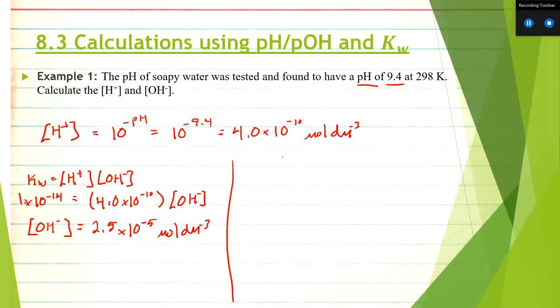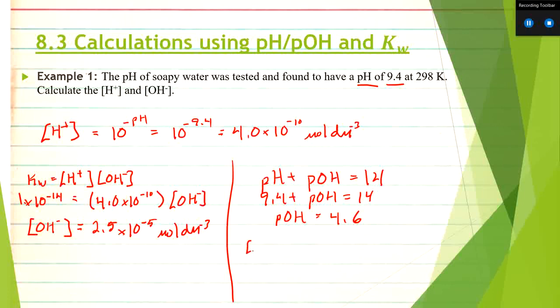The other option is we have our pH, so we could first convert to pOH. We know our pH is 9.4, so we can do that subtraction from 14, and we get a pOH equal to 4.6.